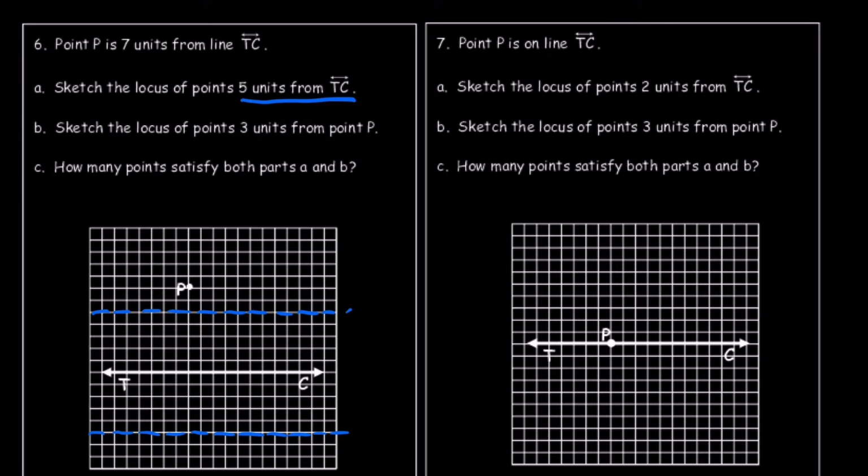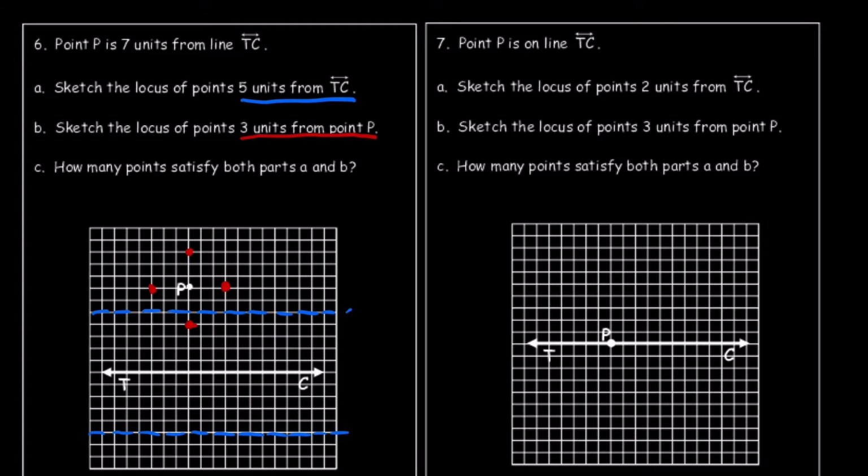Okay, the next one says sketch the locus of points 3 units from point P. So here's point P. I need to be 3 units away. That's going to be a circle. The best way to sketch it is to start at point P and go 3 units to the right, put a point. Go up 3 units, put a point. 3 units to the left, put a point. And down 3 units, put a point.